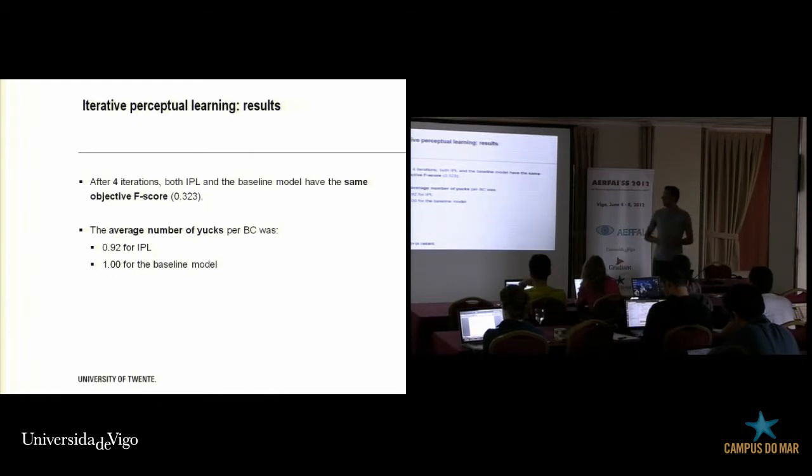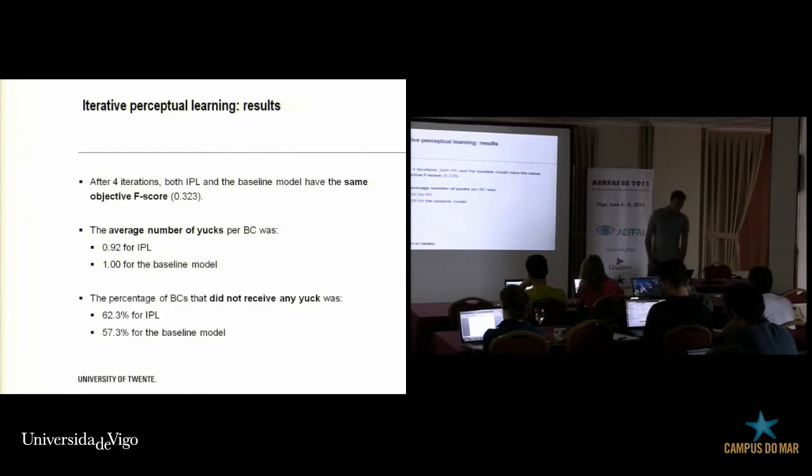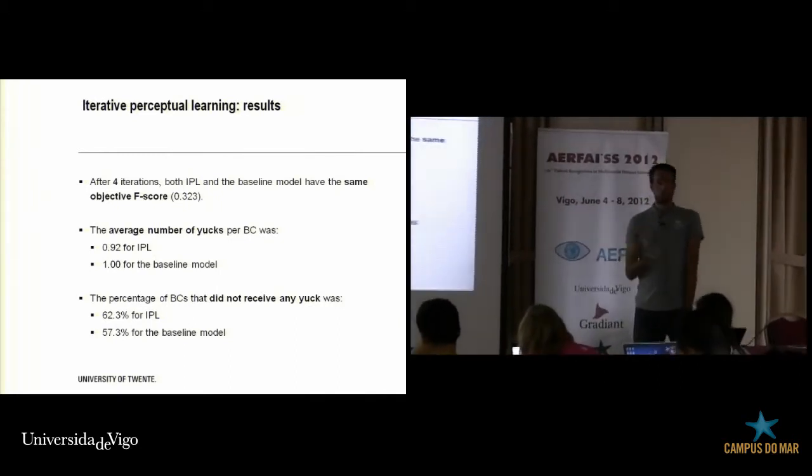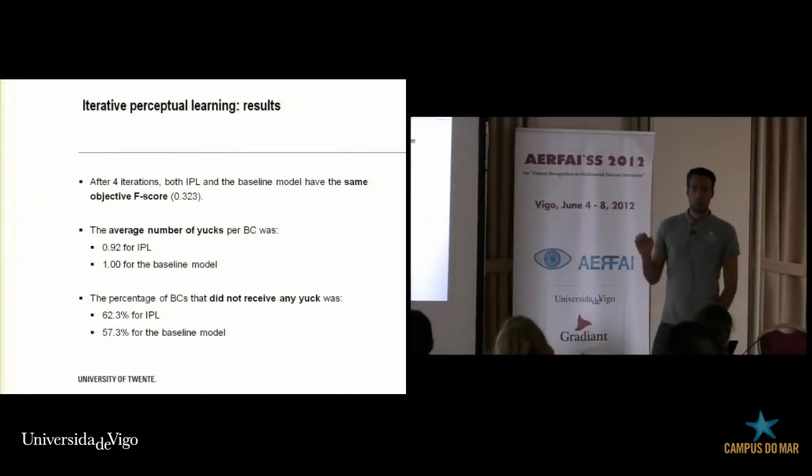We saw there was 1 for the baseline model, so that means that from the 5 people that watched it, on average 1 would say that it was crap, and it was slightly lower for EPL. So there's a slight difference there. And then if you look at the back channels that did not receive any yuck at all, then it was 5% higher for EPL, which could be a sign that this perceptual thing actually is slightly better than using the baseline model directly learned from a corpus.